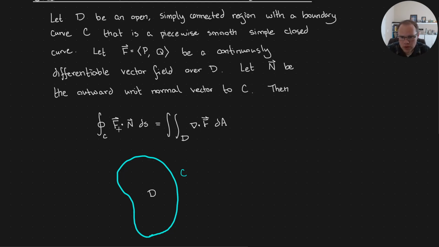Now, what we're doing is we're taking the dot product of F with the outward unit normal vector to curve C. Okay, so what do I mean by the outward unit normal vector? I mean that at every point along the curve, N is normal to the curve and pointing outward, away from the interior. Okay, at every point along the curve.